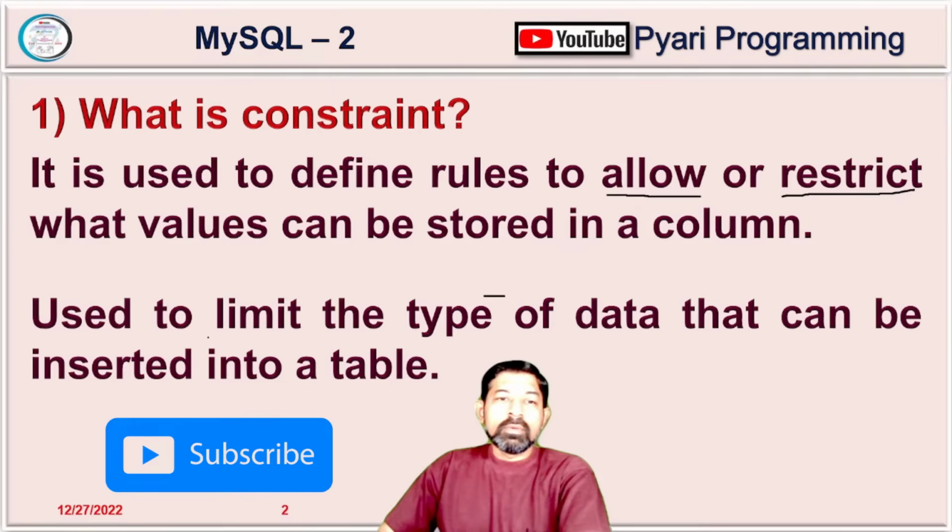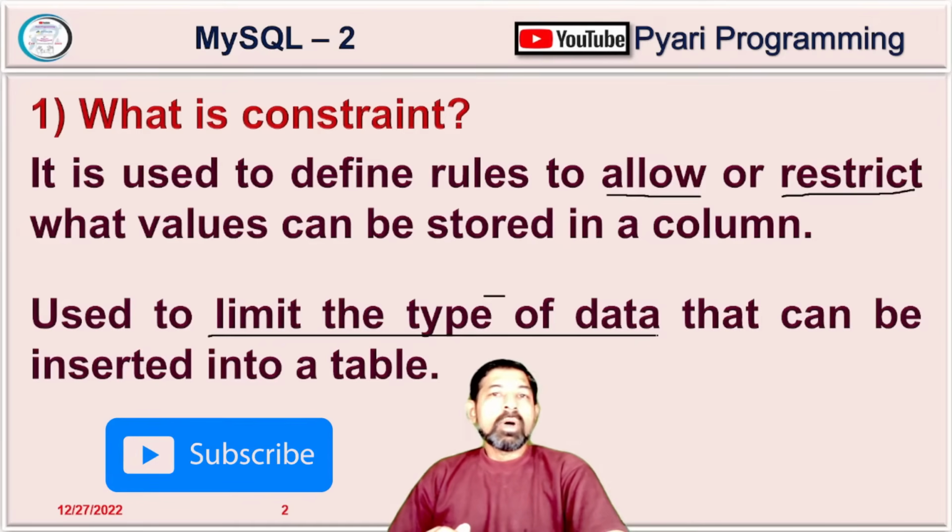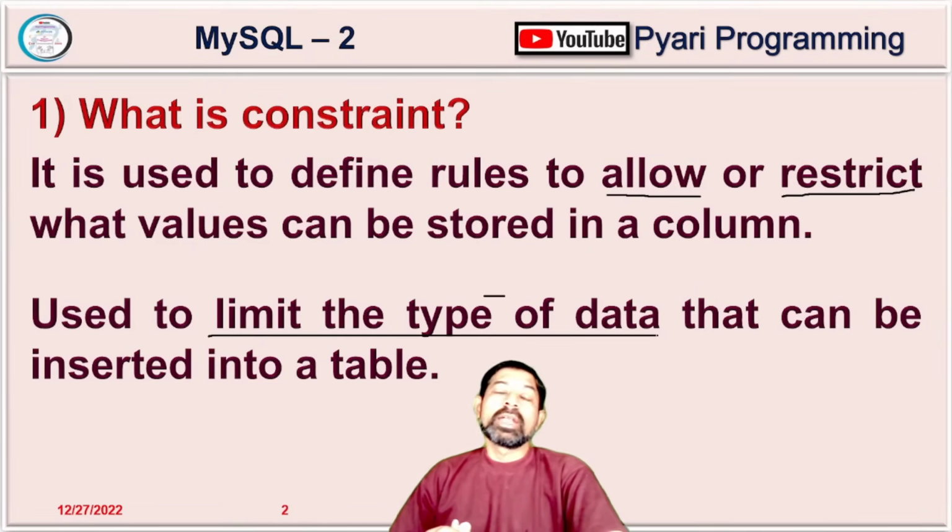Now look at over here. When I'm saying limit the type of data, suppose I'm having a column called quantity. So I just want to restrict that user cannot enter any negative value. So in that case, I'm limiting data. The data must be greater than 0.